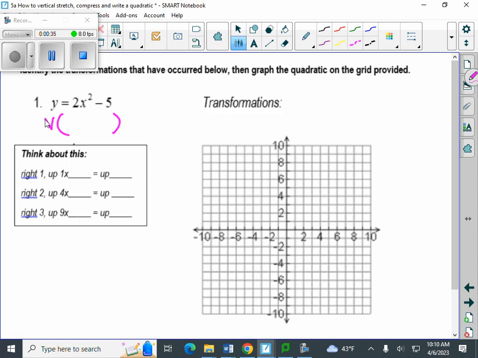V stands for vertex. When we look at the vertex, in general, what you've heard me say is change the sign, keep the sign. Well, when we change the sign, what we're looking at is something that is added or subtracted to x in a parentheses. And we don't have a parentheses, therefore we don't have something added or subtracted to x in a parentheses.